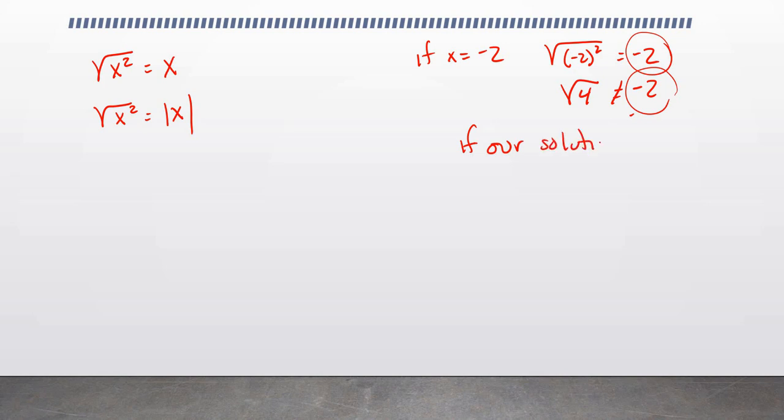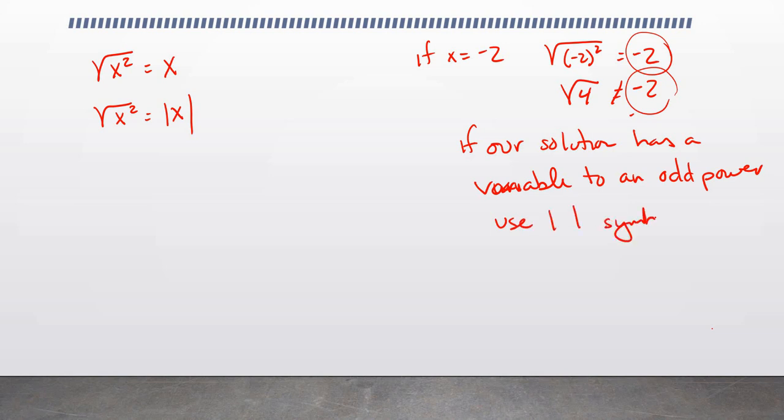So if our solution has a variable to an odd power, remember anything to an even power is still even, so we don't have to worry about that. It's these negatives that might crop up. We need to use the absolute value symbol.